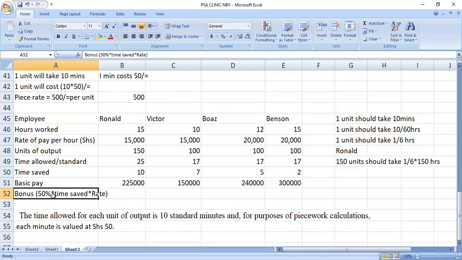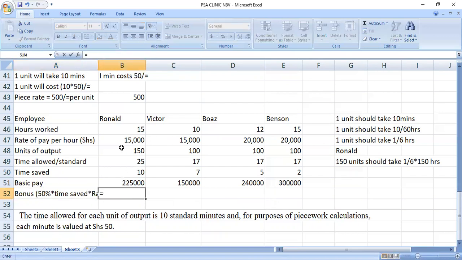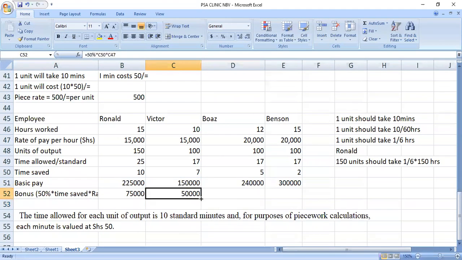But there's no need to do it here since it's only one single scheme they're interested in. So our bonus is going to be 50% times time saved, which for now is 10, times the rate, which is 15,000. For Victor, it's still 50%, time saved is 7 times the hourly rate, which is 15,000. It's the same for all the others. So let me just drag.